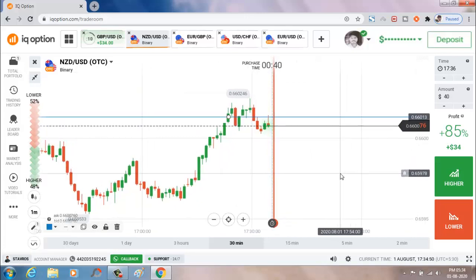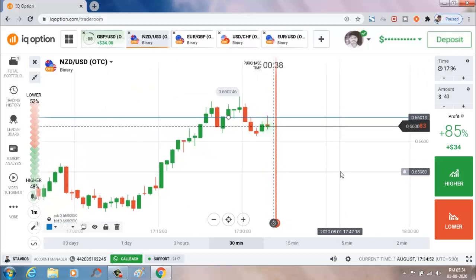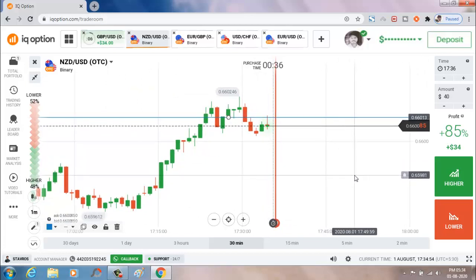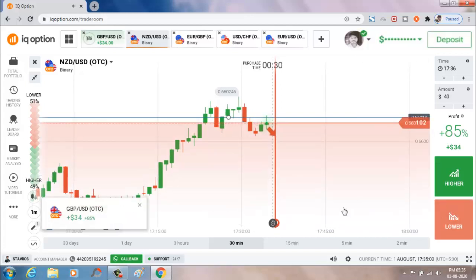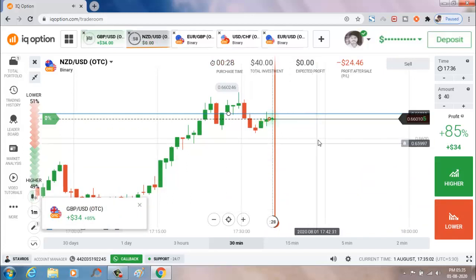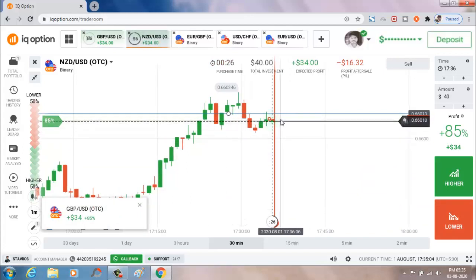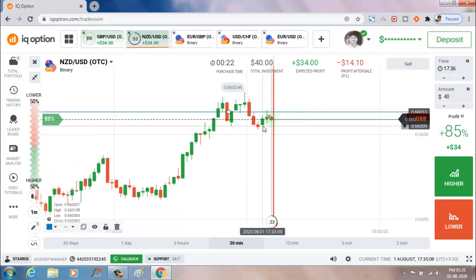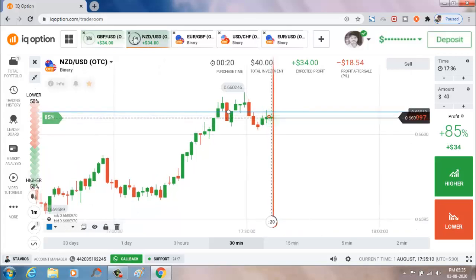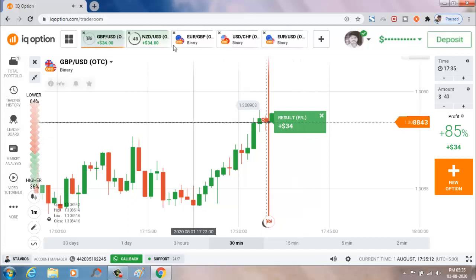Okay, I'll place a lower option. There is a strong selling pressure, and this is a winning trade.